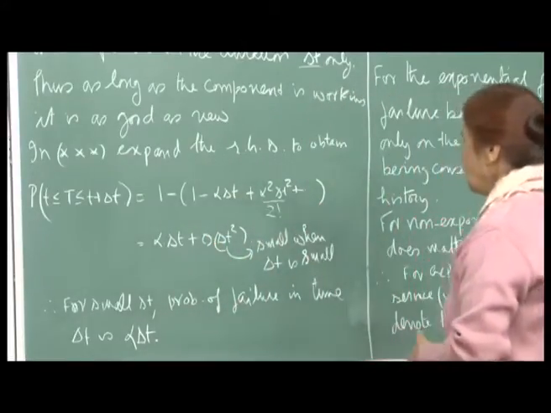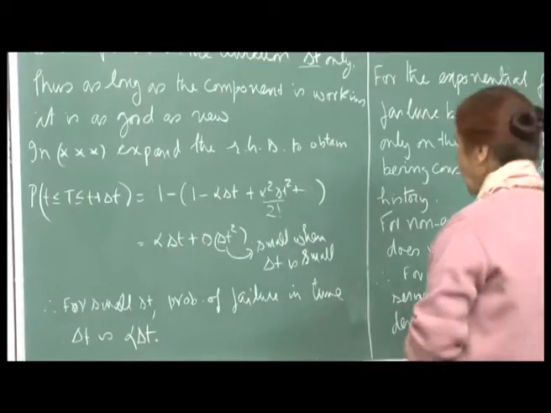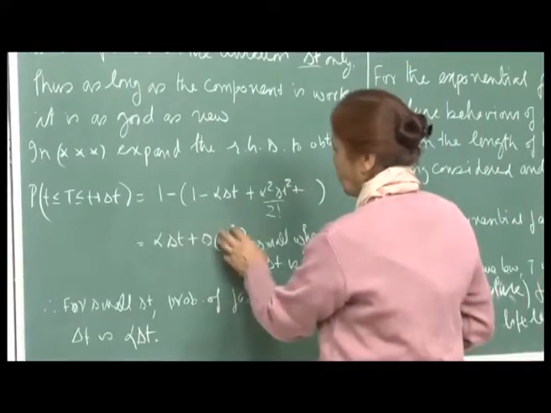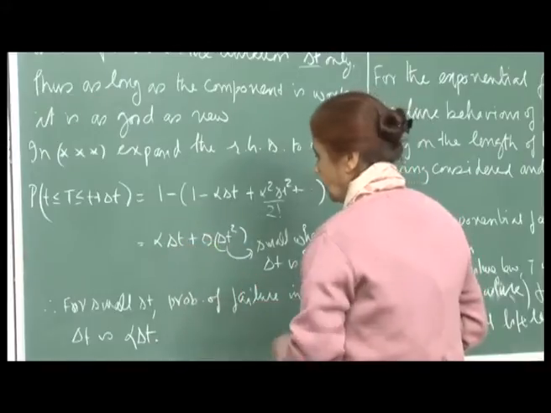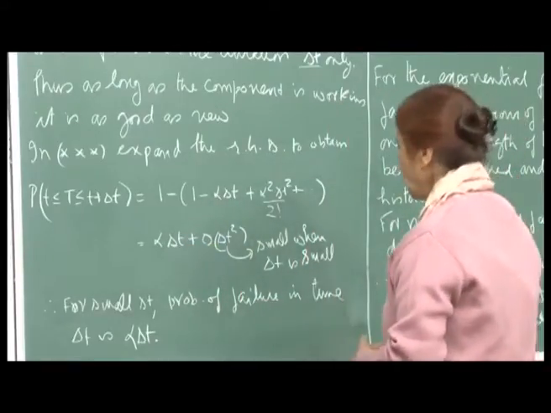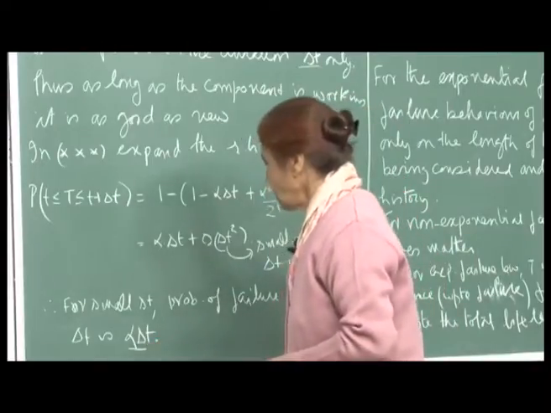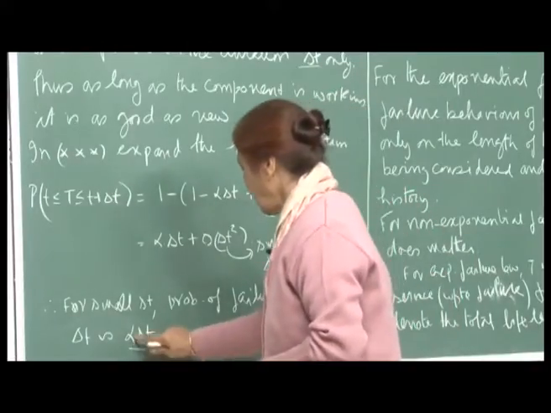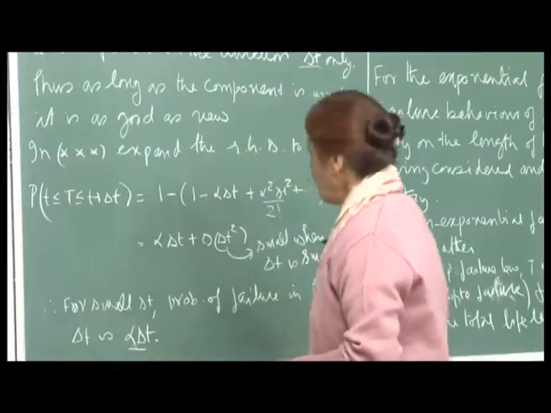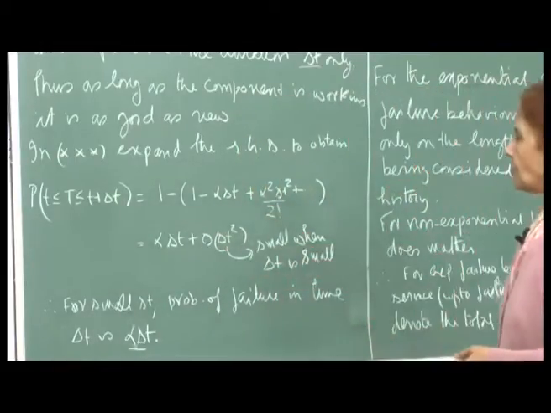Fine. Now, when delta t is small, we can just ignore these terms, and therefore, for small delta t, the probability of failure in time delta t is proportional to alpha delta t. Okay. So, this is again just reiterating what we have been saying.